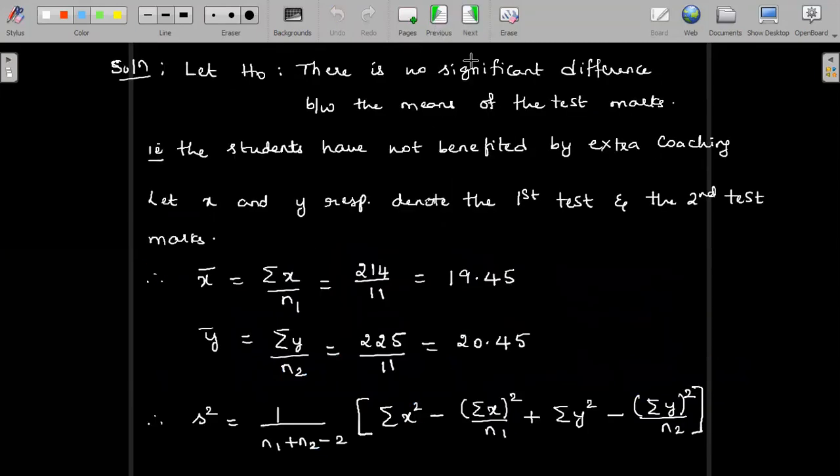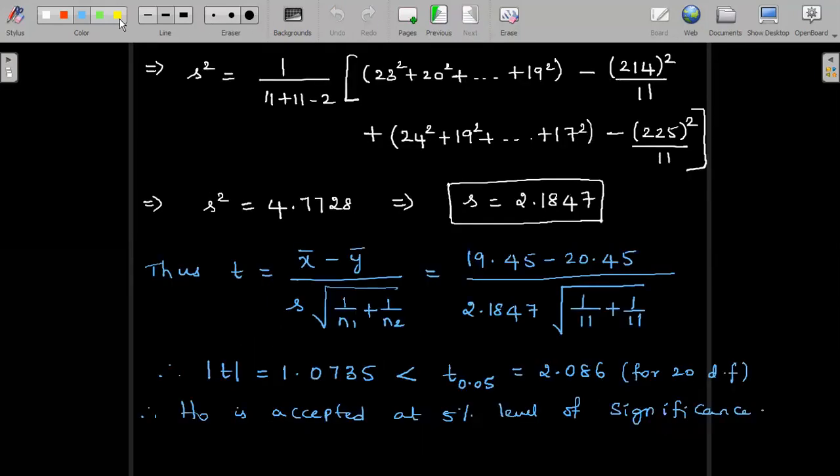That was our assumption H0. So that is accepted. And that is one and the same as saying the students have not benefited by extra coaching.